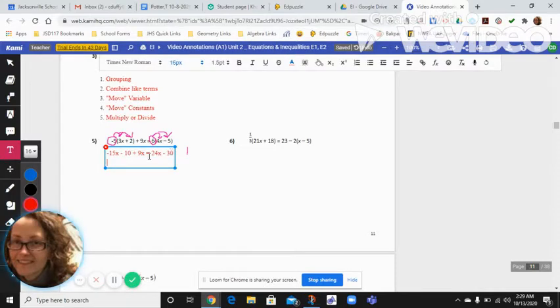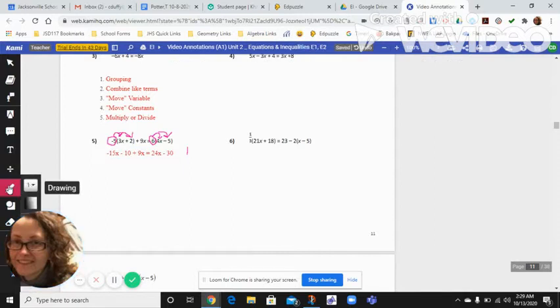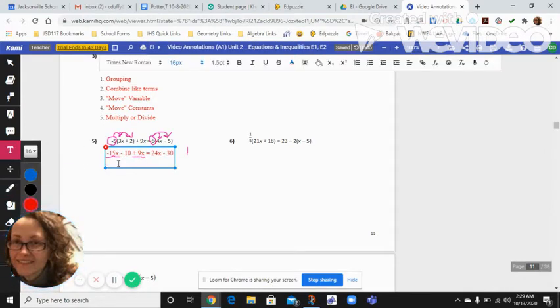On the left-hand side, I have both a -15x and a 9x, and I'm going to have to combine those. So -15 plus 9 gives me a -6x minus 10. Each time when I'm done with the operation, I'm just rewriting everything else down so that I do not lose track.